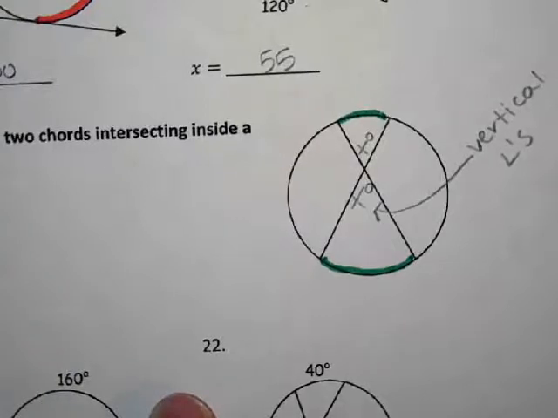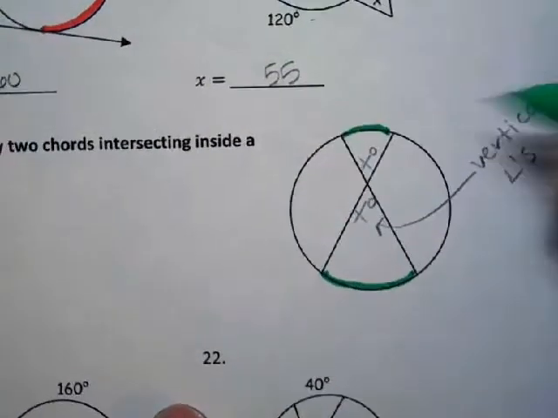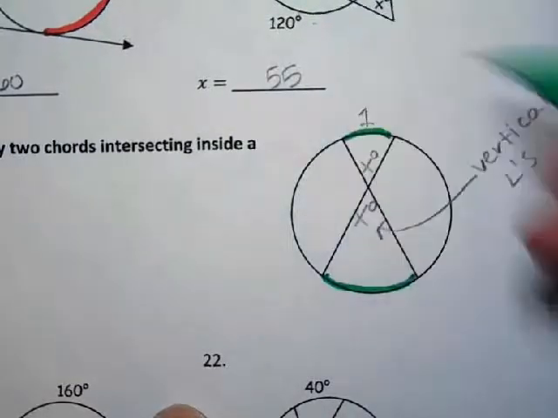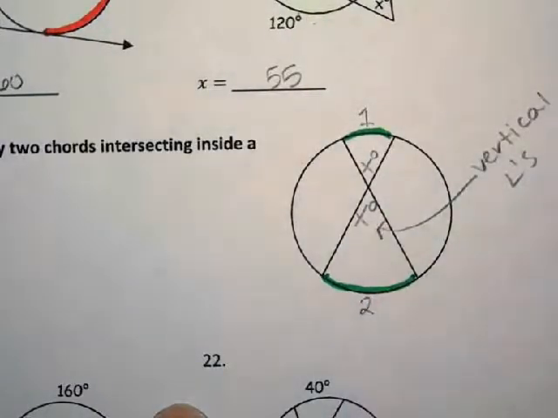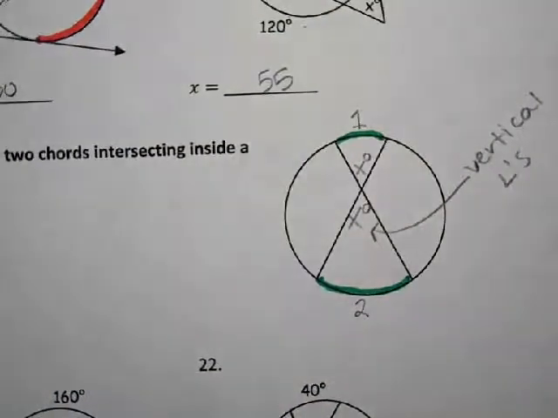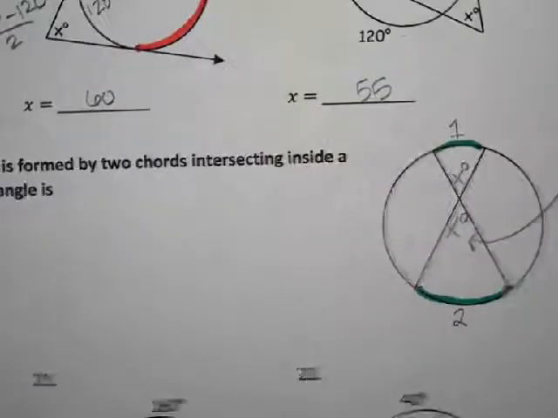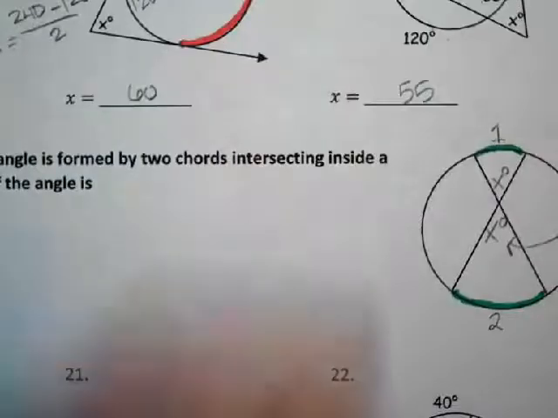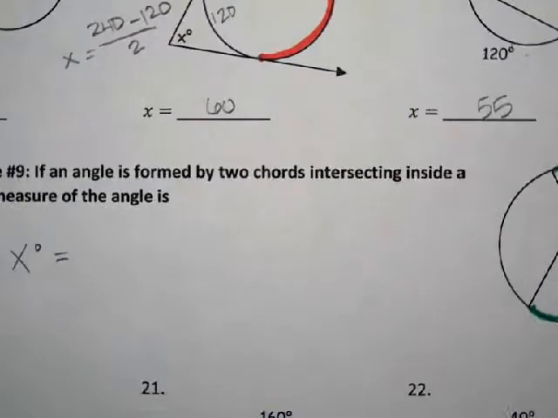And the formula is x equals the measure of arc 1 plus the measure of arc 2 divided by 2. So very similar to the last one, you're just adding them.